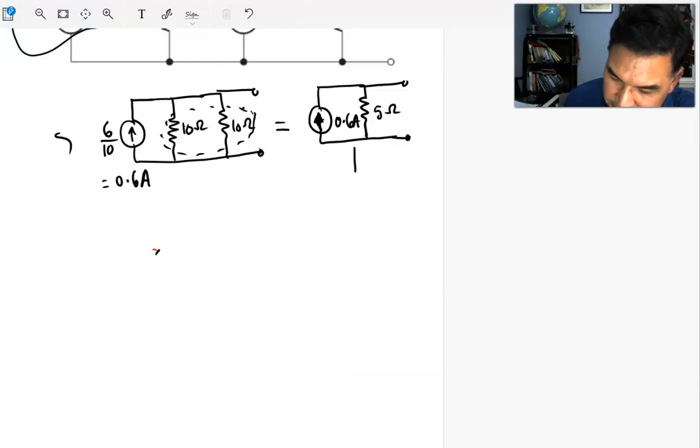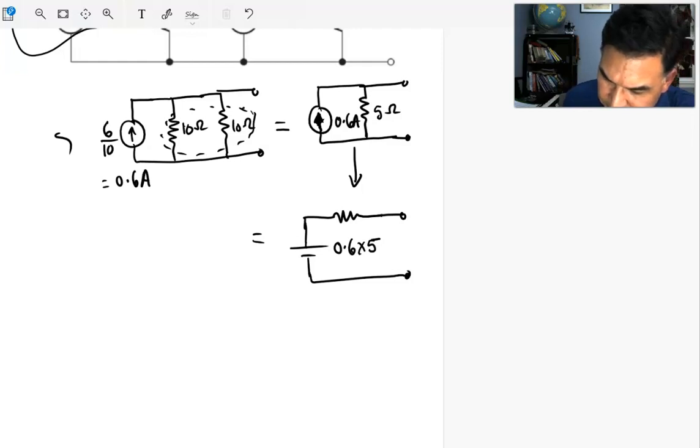Now from the source conversion, this is equivalent to a voltage source with the same series resistor, which is 5 ohm, and whose voltage is now 0.6 times 5. It is 3 volts, and this is your 5 ohm.